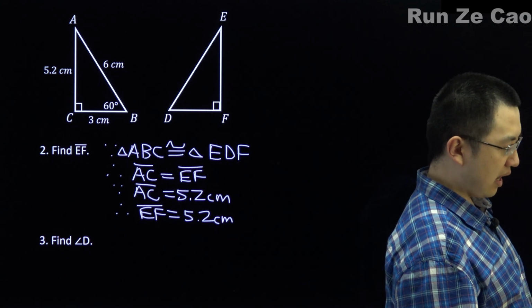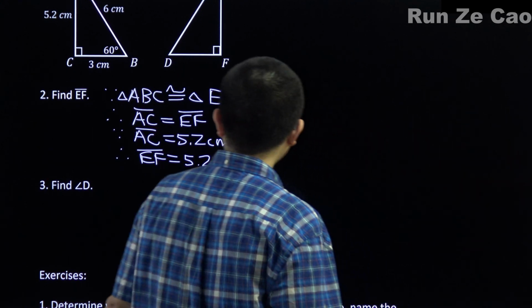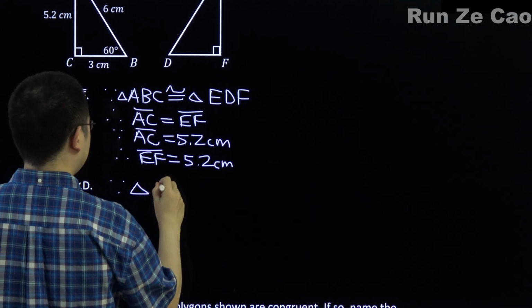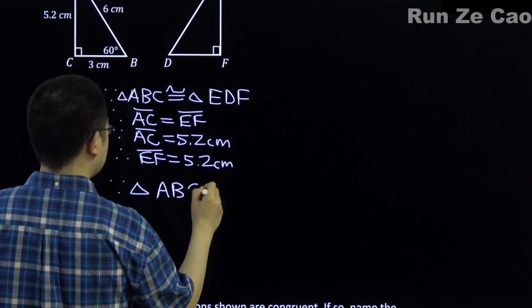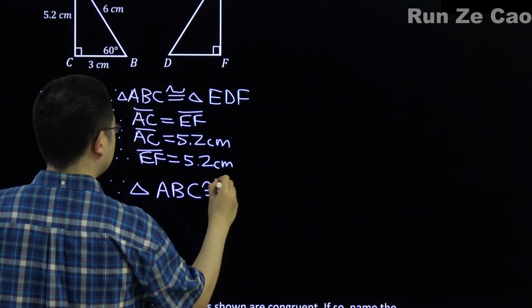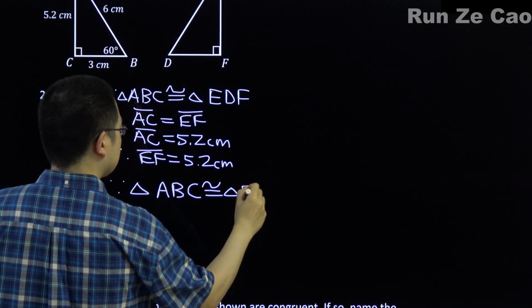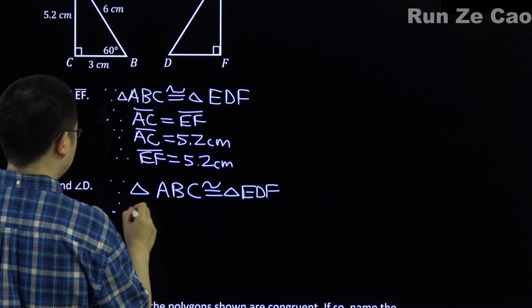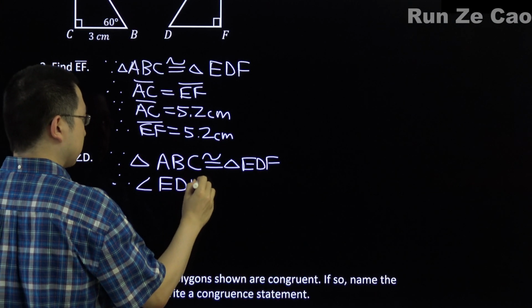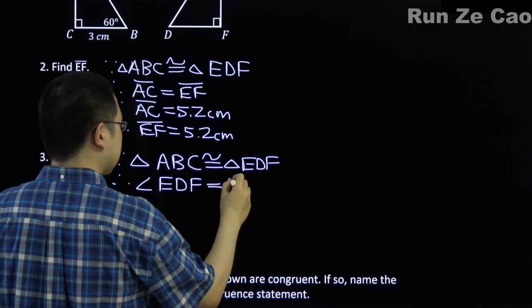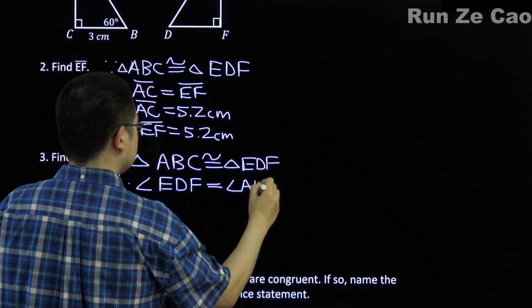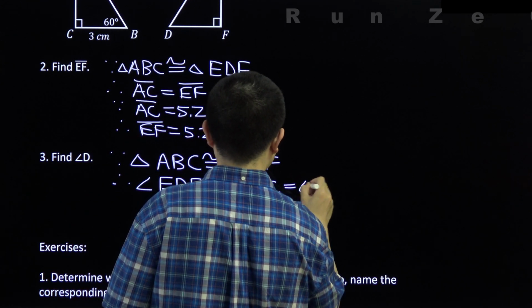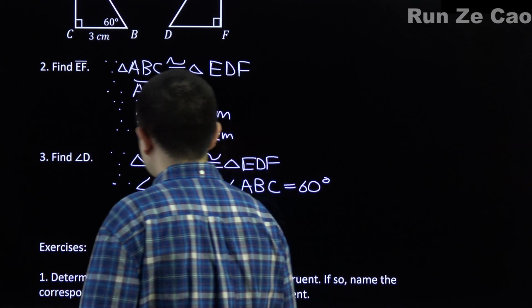Now let's say we find angle D. Well, because triangle ABC is congruent to triangle EDF, therefore, well, here we're going to go EDF first, and then equals angle ABC, which we have, and that's equal to 60 degrees.